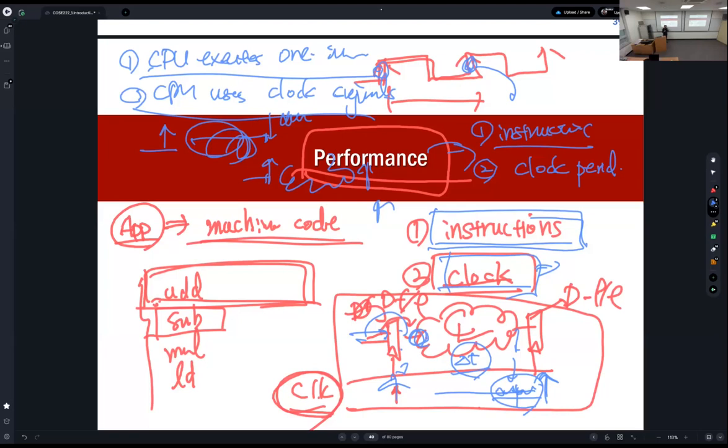We will use the number of instructions and the clock period to calculate the execution time for one application. That's why I explained about instructions and clock signals.